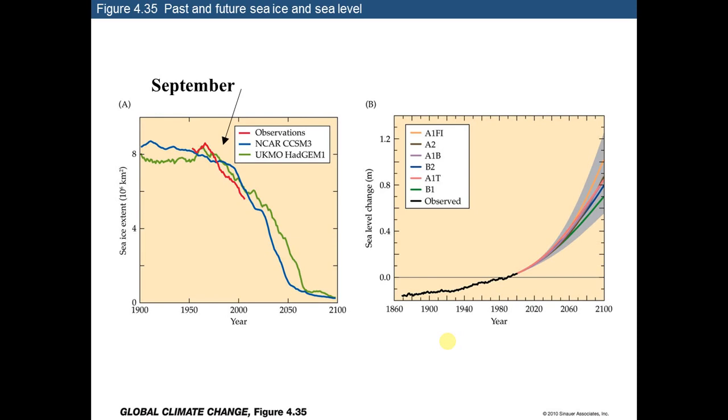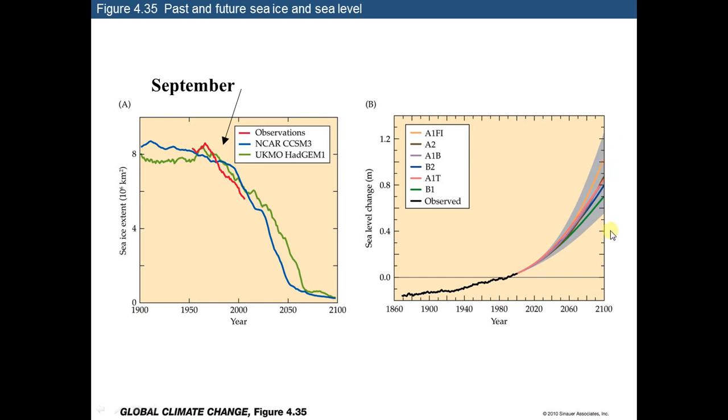On the right, on the other hand, we have sea level change based on different scenarios from climate models. And so the colored lines are the best estimates for the individual scenarios, and the gray represents the total possible uncertainty, the total possible range.